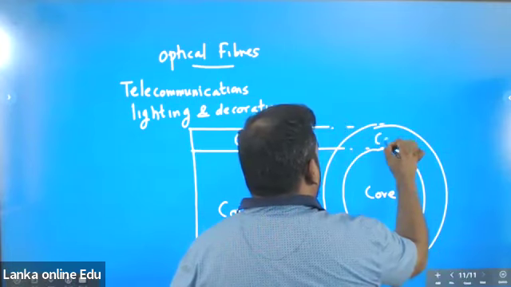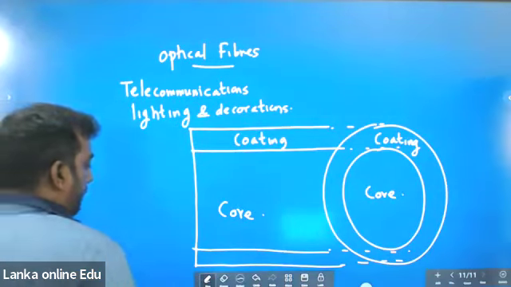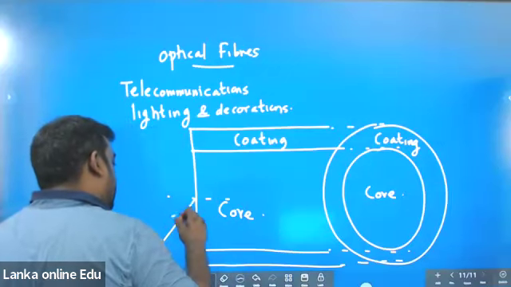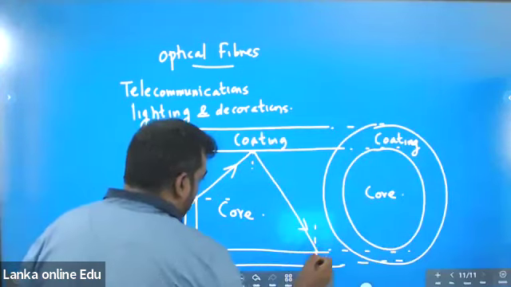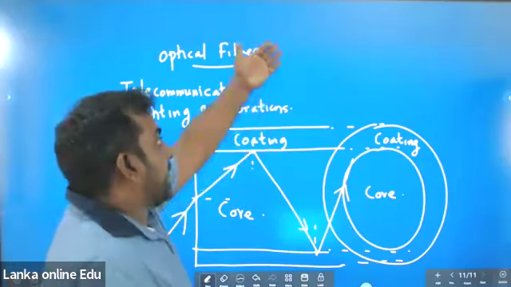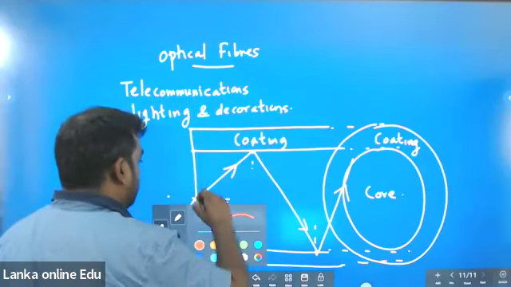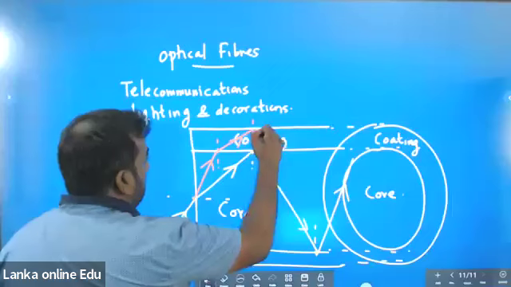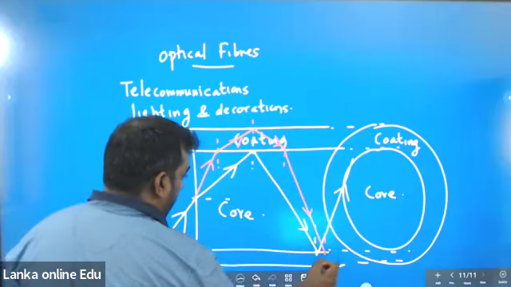Now what happens is, you must use Snell's law with theta and work it out. Light rays will come from here, and some rays will undergo total internal reflection from here. So no light rays escape out. Even if some of them escape, inside the coating, total internal reflection will take place.